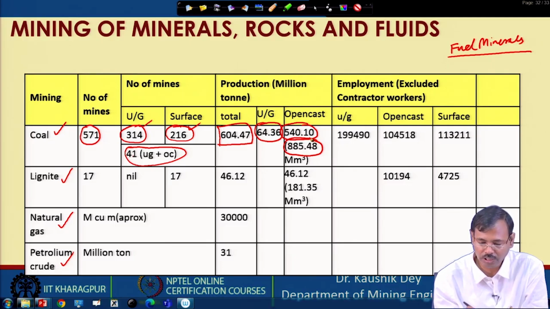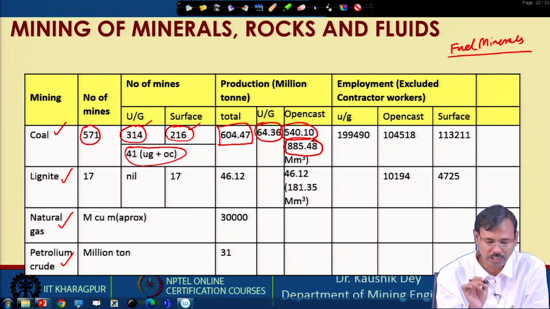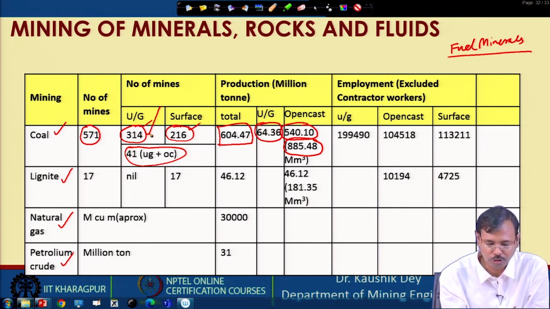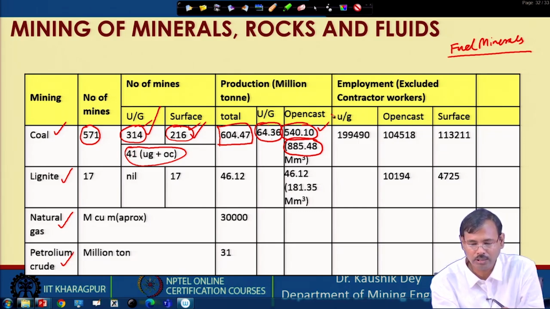Now from here I draw your attention that 314 underground mines are producing only 64 million tons, whereas 216 surface mines are producing 540 million tons.